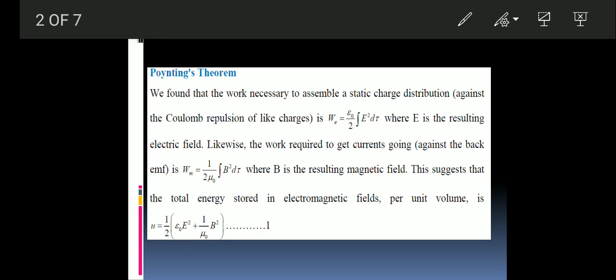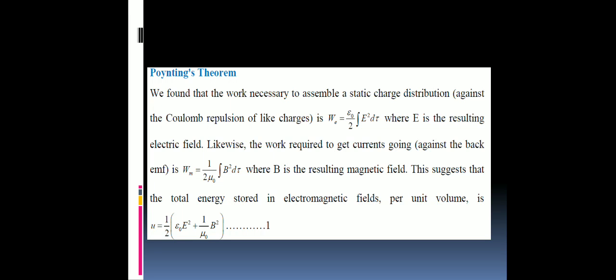Likewise, the work required to get currents going against the back EMF is W_m equals 1 by 2 mu naught integral B squared d tau, where B is the resulting magnetic field.